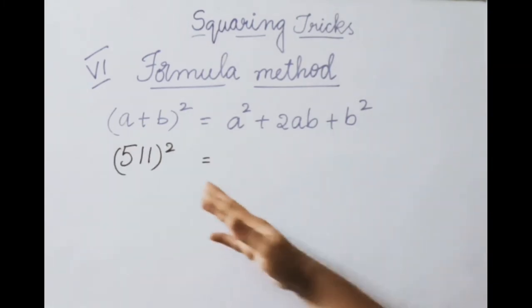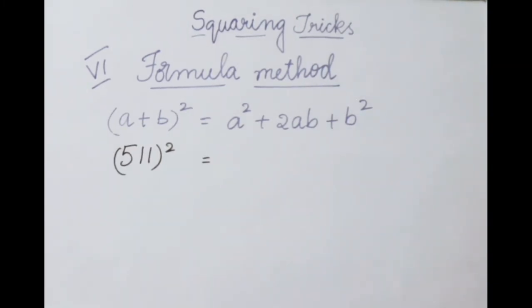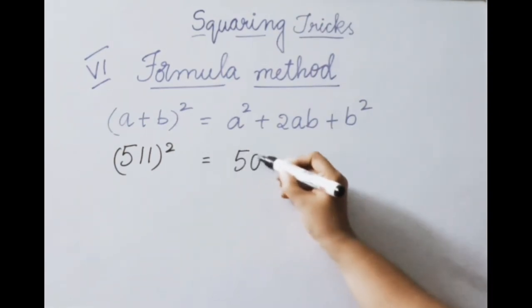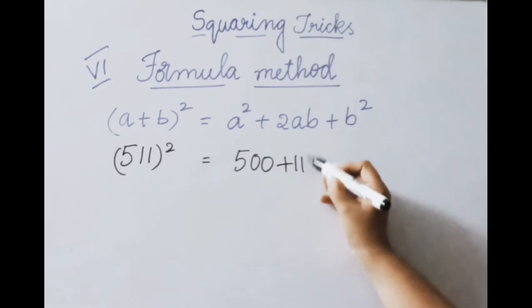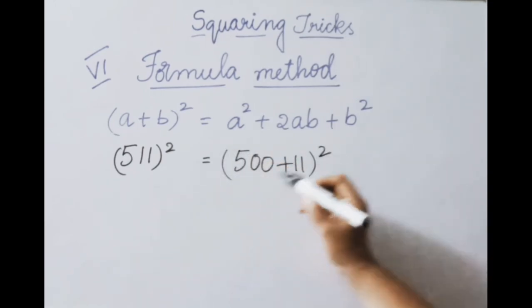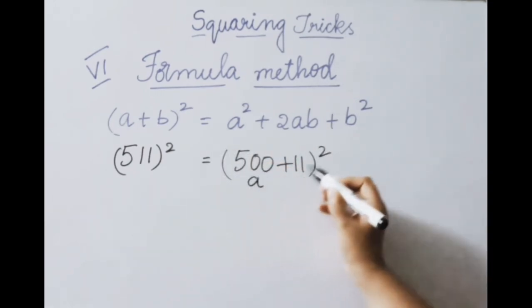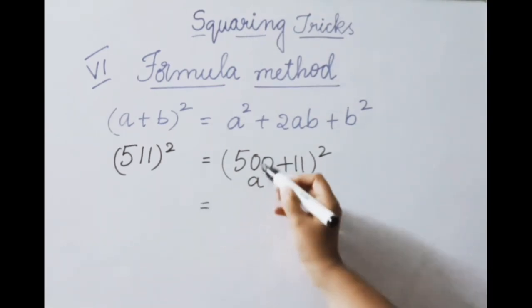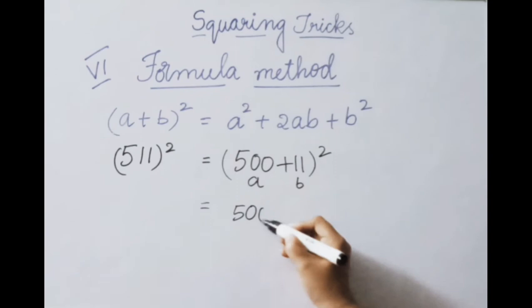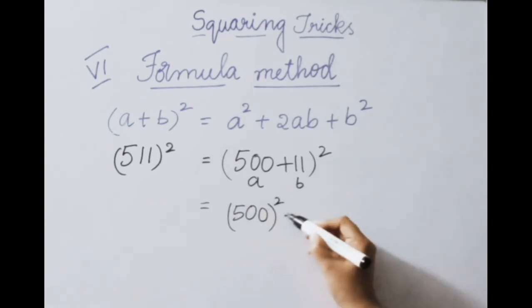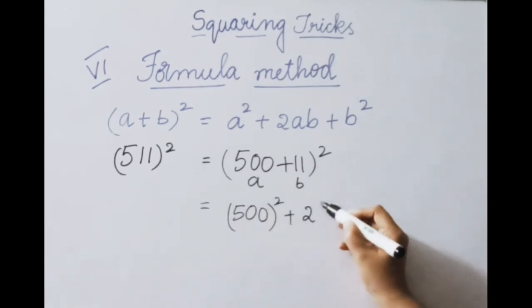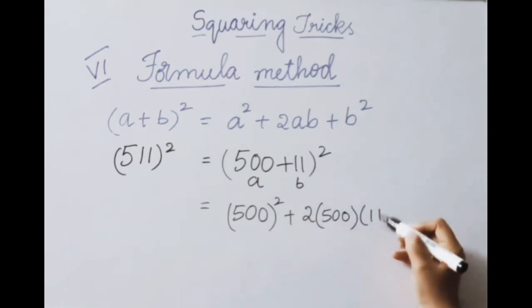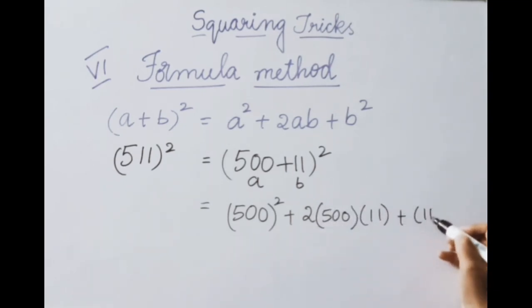See next example, 511 square. Here we split the number 511 as 500 plus 11. So here 500 will be A and 11 will be B. So A square means 500 square, plus 2 into A means 500, B means 11. Next B square means 11 square.